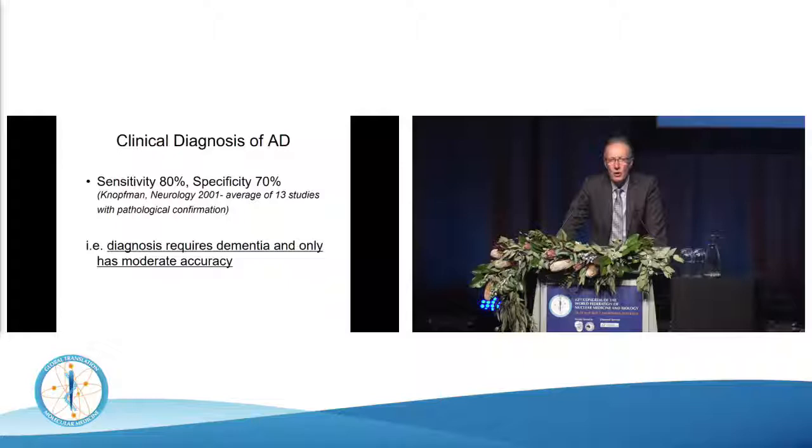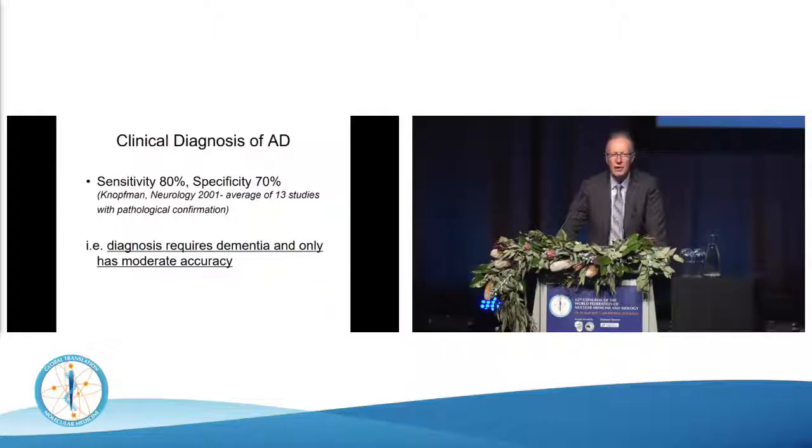You also require the presence of dementia to meet the typical clinical criteria for Alzheimer's disease. But we now know from imaging and other studies that the development of Alzheimer's disease is a process that takes 30 years. People are symptomatic in the mild cognitive impairment phase for 3 to 5 years before they hit dementia.